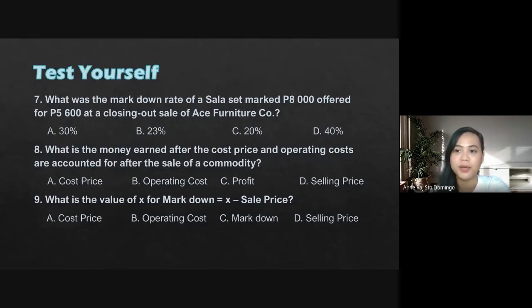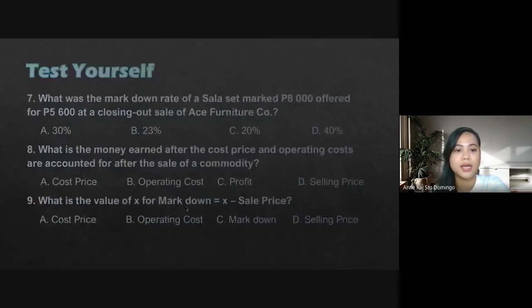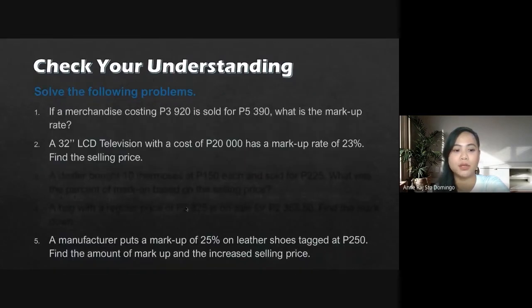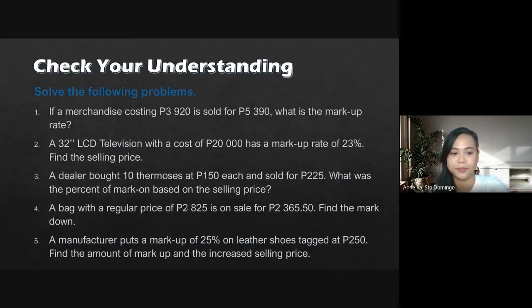So count the number of correct answers, then just write your scores. Don't forget to submit your quiz test yourself. That is the post test in our module. Once you have noted your answers, just write them on the post test. For our additional activity, just solve the following problems.